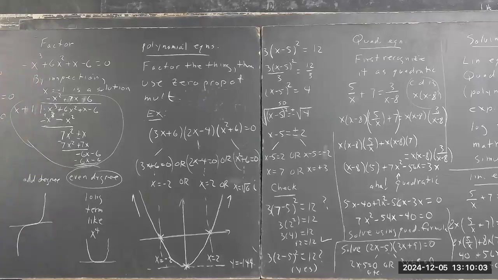Okay, and now the negative doesn't matter because it's equal to 0. We get x plus 6, x minus 6, so that's x minus 1.